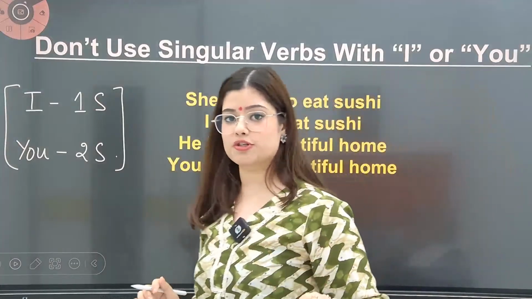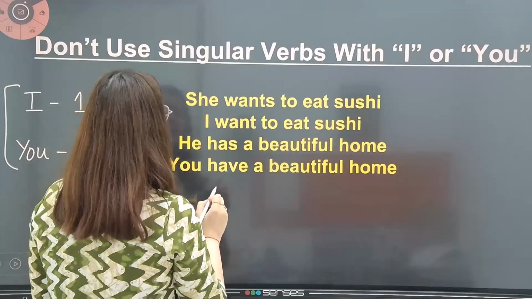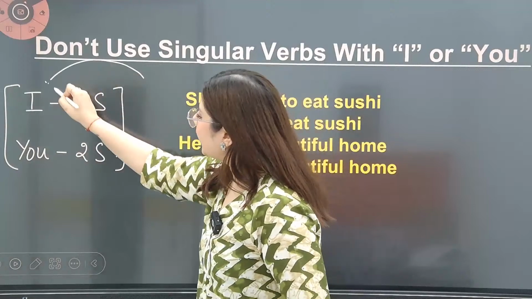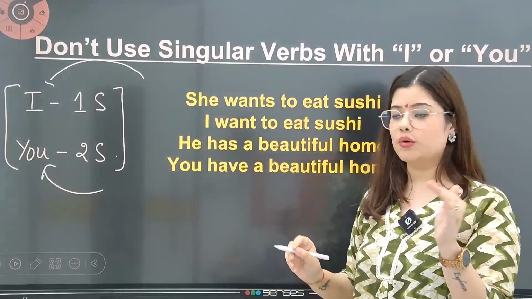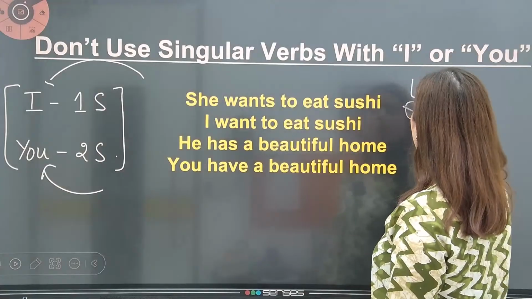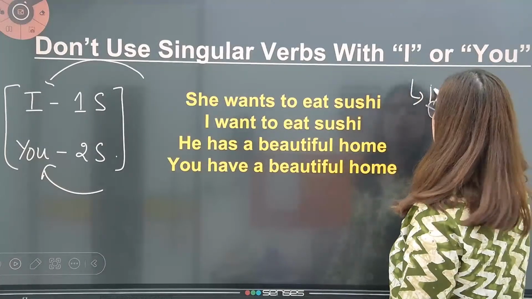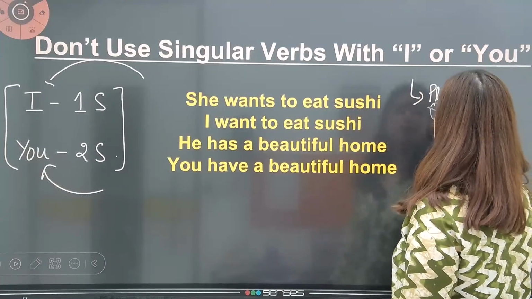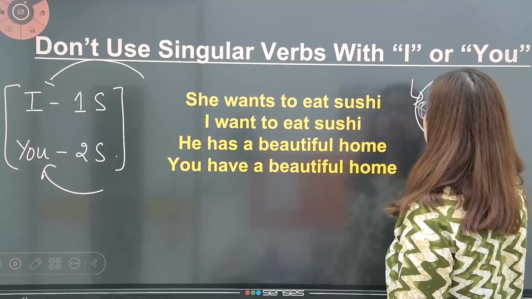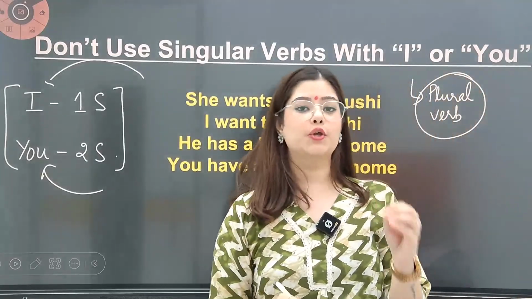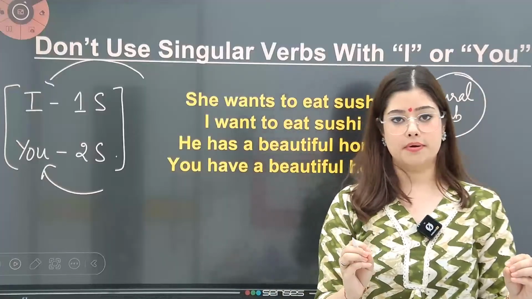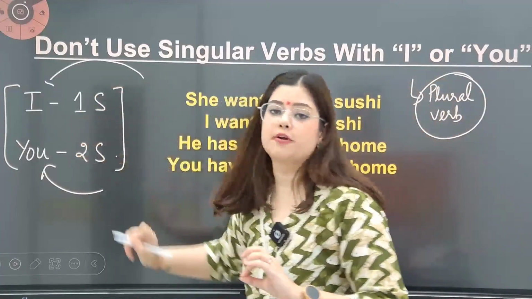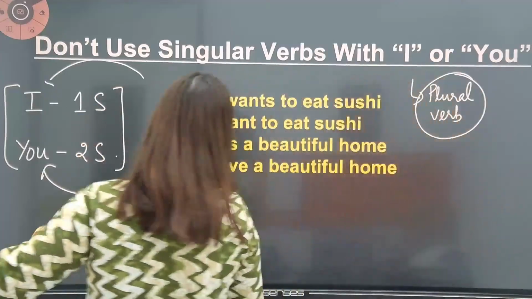What is the special treatment? The special treatment is that I and you, even if they are singular subjects, will always use a plural verb. Okay? Even after being singular subjects.